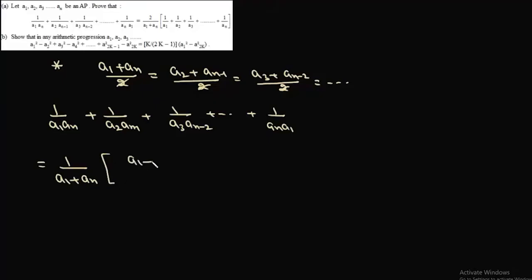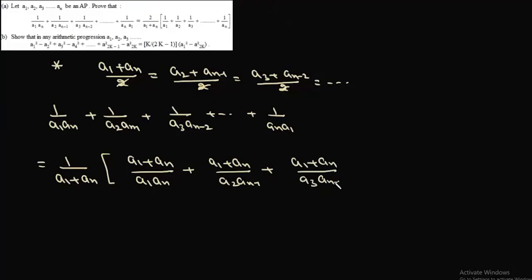So it is (a1 plus an) upon a1an plus (a1 plus an) upon a2a(n-1), (a1 plus an) upon a3a(n-2), all the way up to (a1 plus an) upon ana1.